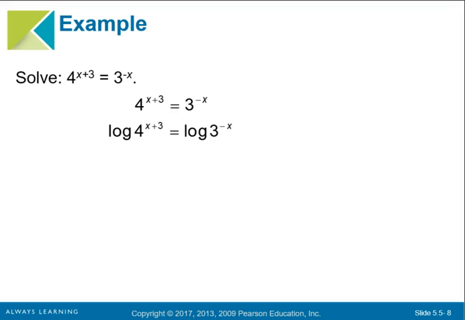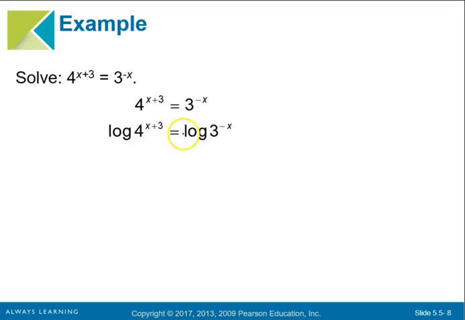All right, so we have a log base 10 of 4 with an exponent of x plus 3, and then I have a log base 10 of 3 raised to the exponent of negative x.